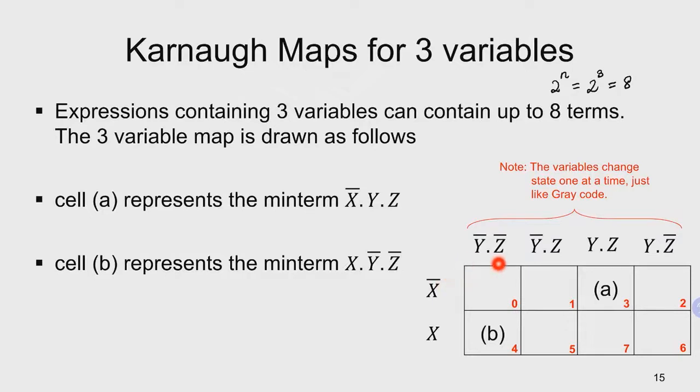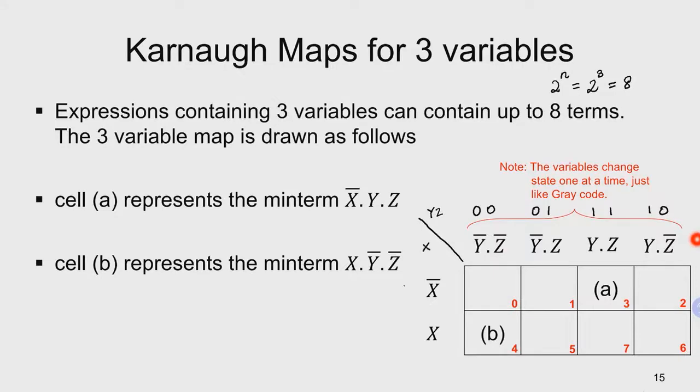This doesn't follow your normal binary, but instead it uses Gray code, which means that you can only change one variable at a time. So here we go from 0, 0, then 0, 1, then 1, 1, and then 1, 0 for the variables y, z.